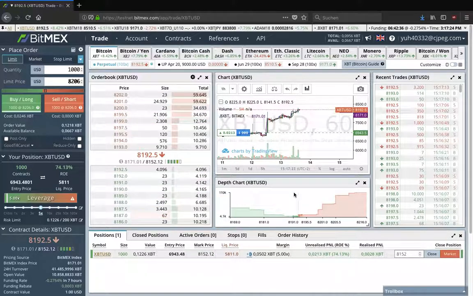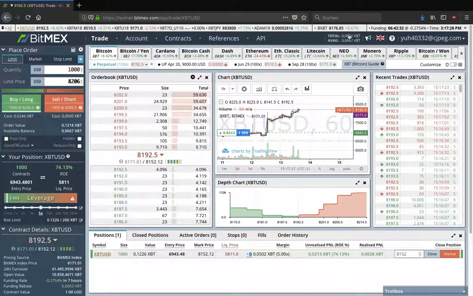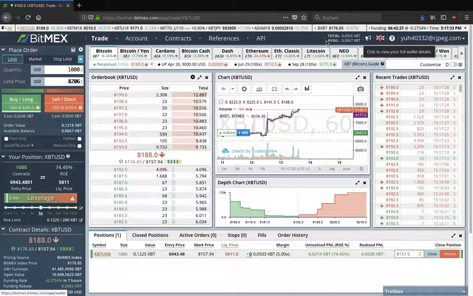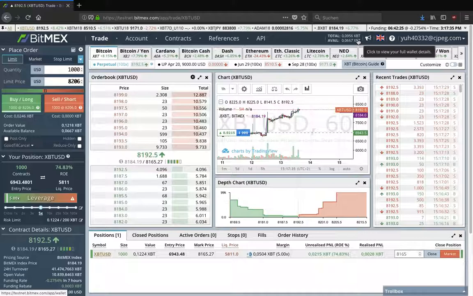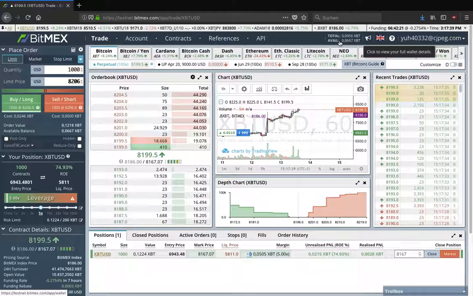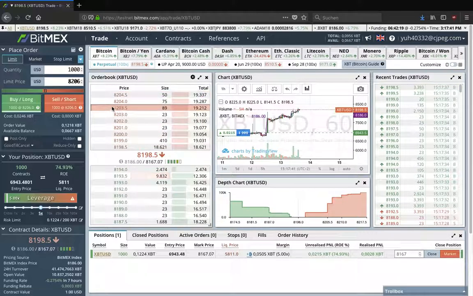There are a couple of things I need you to pay attention to. The first one is here. This up here is my total balance on my entire account, and this is the available balance, so the rest of my balance, the money I can use to open new positions on other contracts, for example.